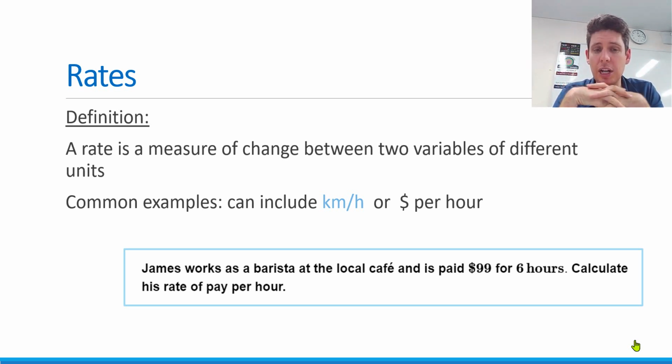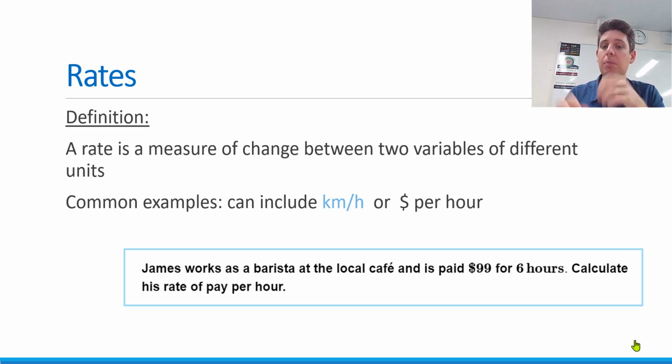So we have an example. James works as a barista at a local cafe. He gets paid $99 for 6 hours. Not too bad, James. Can we calculate his rate of pay per hour? To convert to a rate per hour, we're changing the second unit into 1 hour, a unitary amount, a one amount.